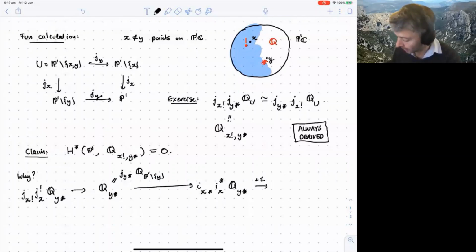Okay, so here I'm denoting by IX the inclusion of X. So this triangle is a consequence of the fact that I have a functorial distinguished triangle.